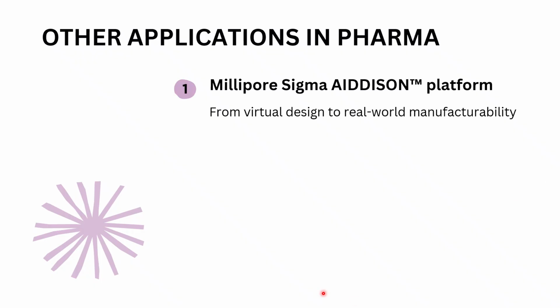Now, a glimpse of some other applications of AI making a groundbreaking impact in the pharma industry. We will take two examples here. Millipore Sigma's Edison platform, a commercial platform converting virtual molecular designs to real world manufacturability.